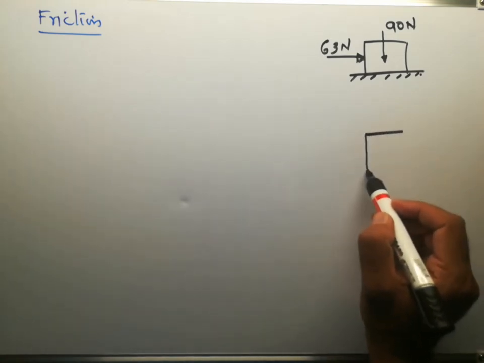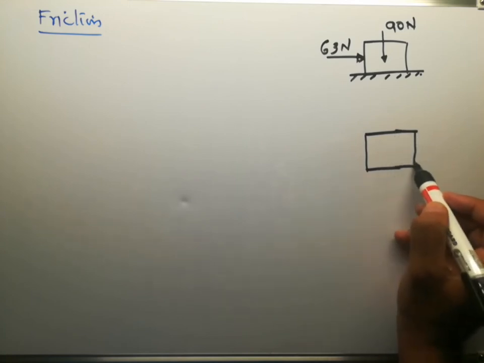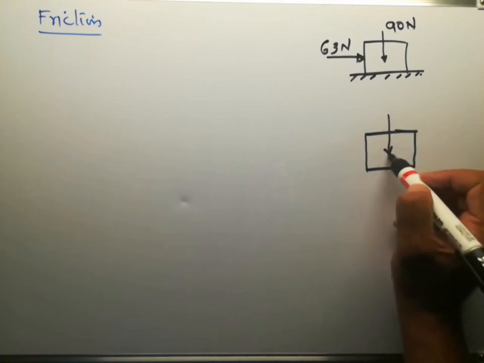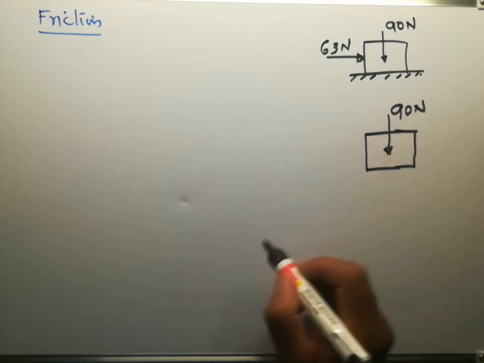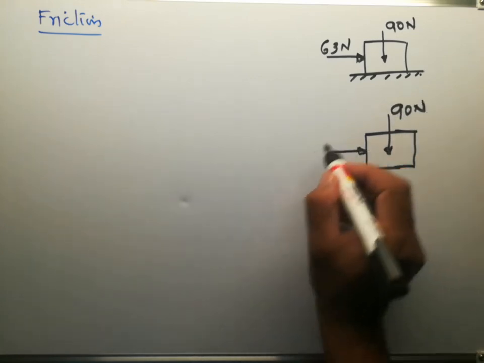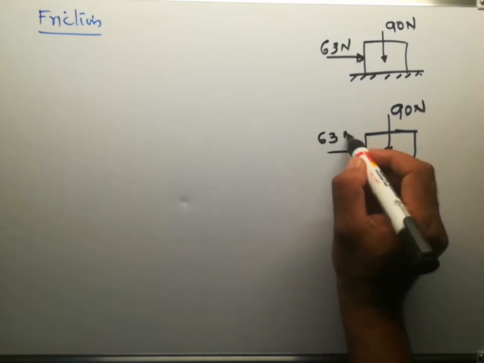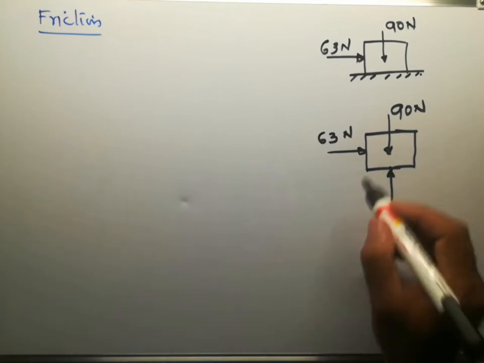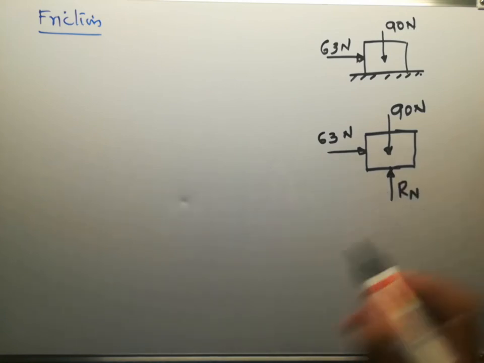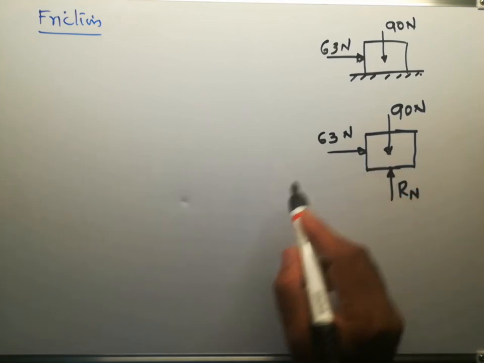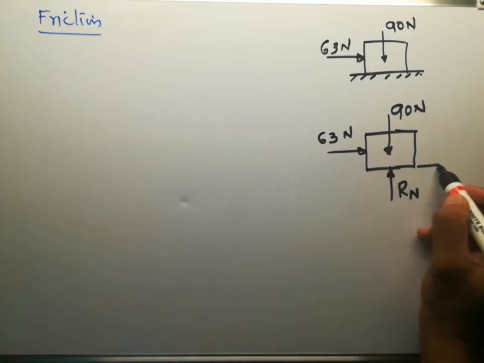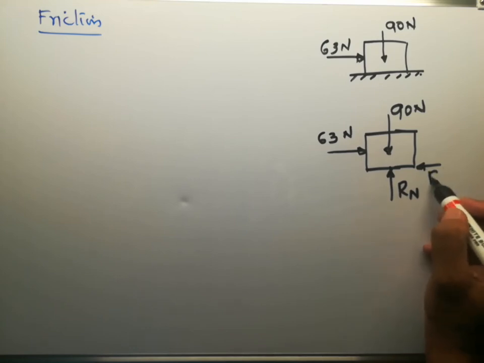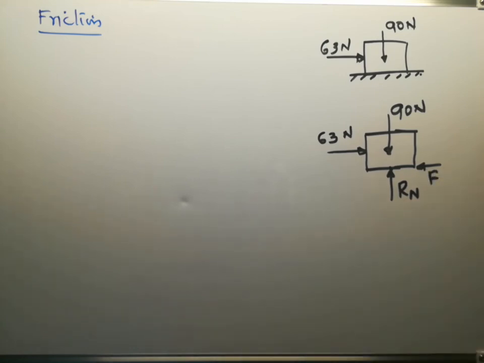So let this be the body, and its weight is acting vertically downwards, 90 Newton, and an external force is applied, 63 Newton, and the reaction from the horizontal surface or floor will be, let it be Rn, the normal reaction. Then if this is the direction of force, the frictional force must be in this direction. So this is F.